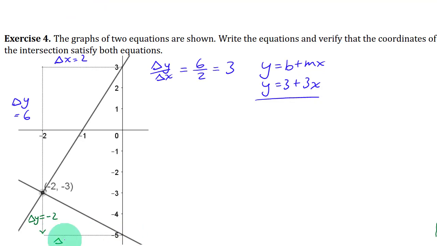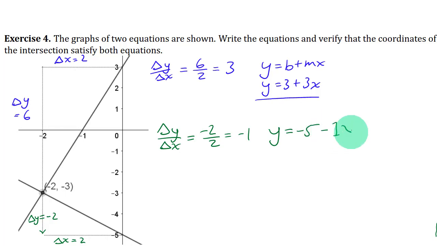So the change in x is 2, just like it was with the other one. So for this one, the change in y over the change in x is -2 over 2, which is a slope of -1. So this one, if we write it as y equals mx plus b, the -5 is the y-intercept. The slope is -1. So you can write that as -5 minus 1x, or just -5 minus x, of course. And so that should be our two equations.